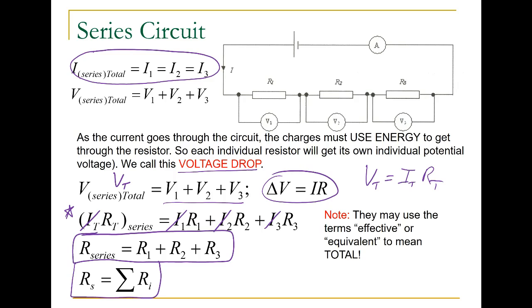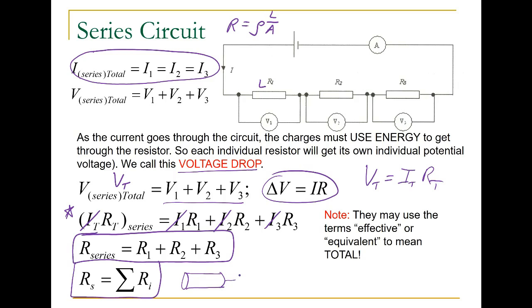Now here's another way to think about it. Previously we looked at a resistor as like a little cylinder, and we said that the equation for resistance was equal to resistivity times L over A. Well, what's L? L is the length of the resistor.